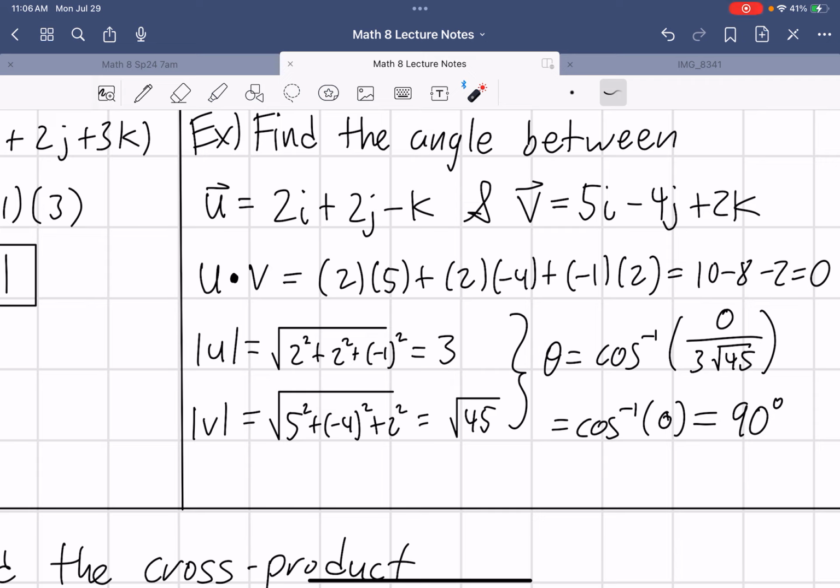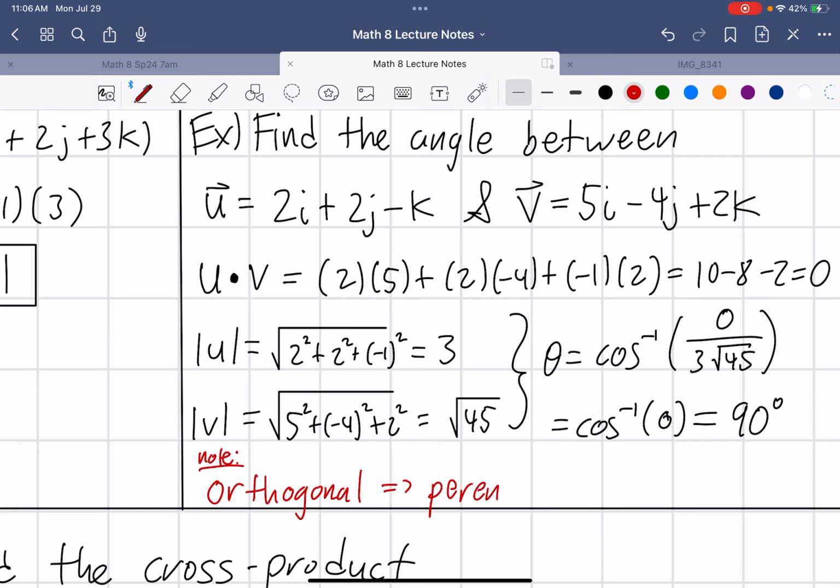Or there's another word that gets used in math quite often, and it's the word orthogonal. So two vectors are orthogonal if they are perpendicular to each other.